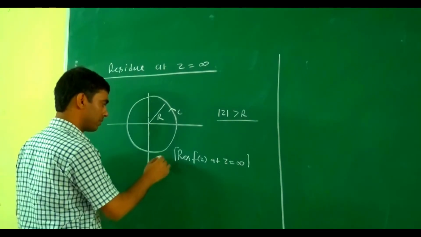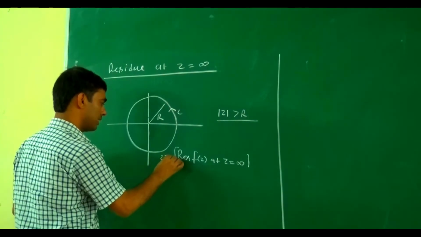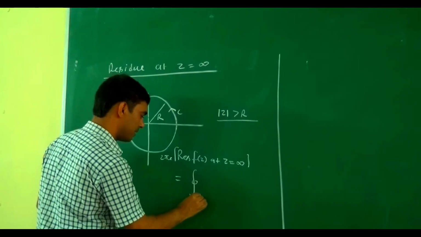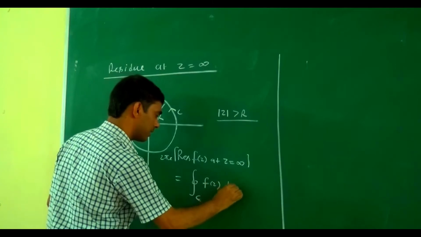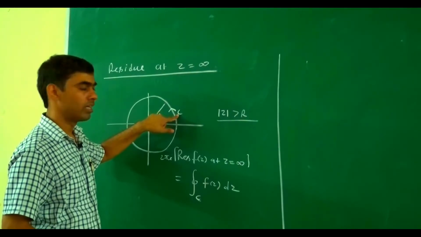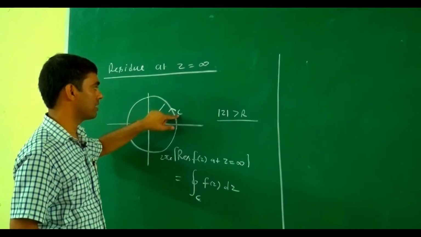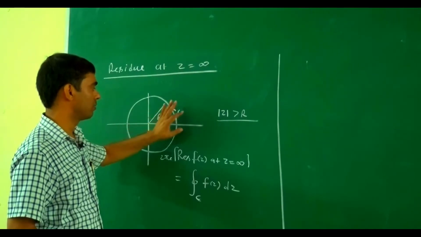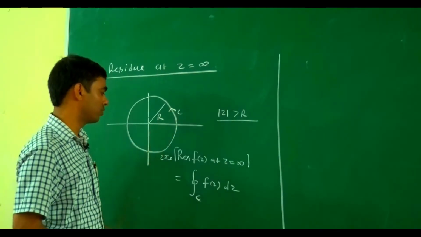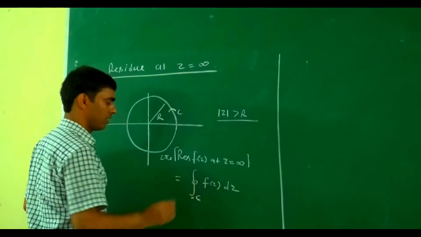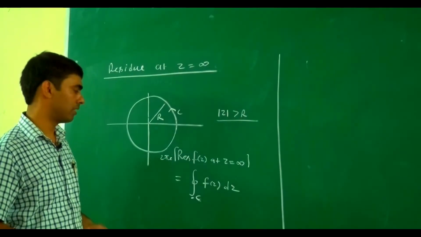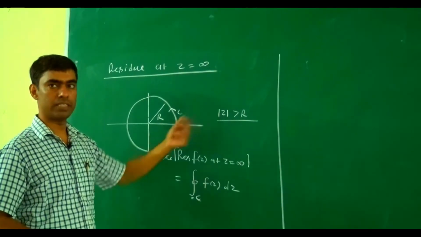If you multiply by 2 pi i, this becomes the integral over C of f(z) dz. For infinity, C has a clockwise direction, meaning C has a negative orientation, because the interior of the region lies on the left-hand side. So the integral over minus C of f(z) dz equals 2 pi i times the residue of f(z) at z equal infinity. C is minus C for this reason.